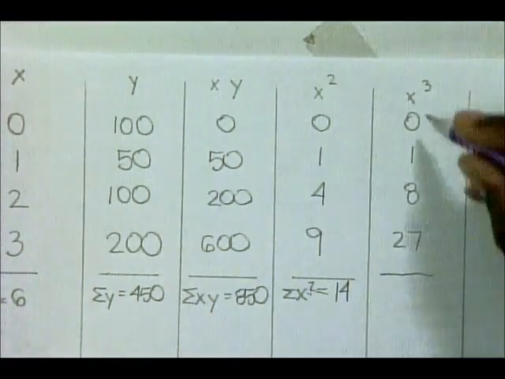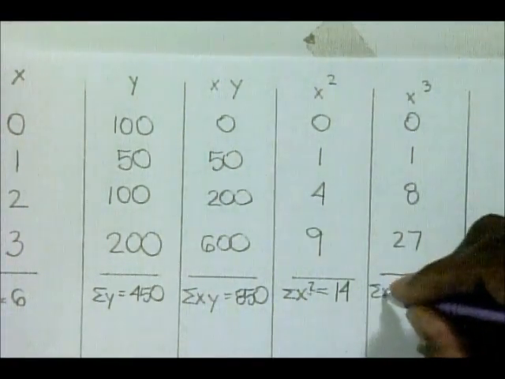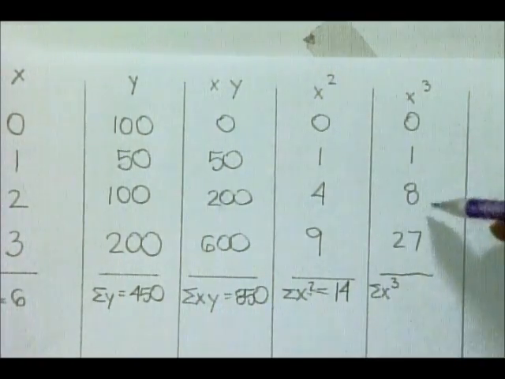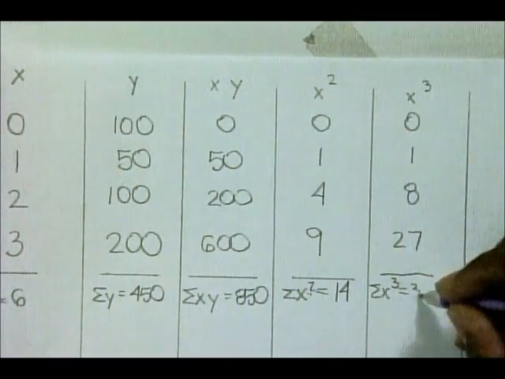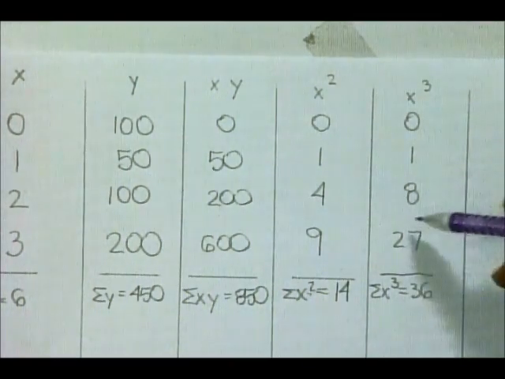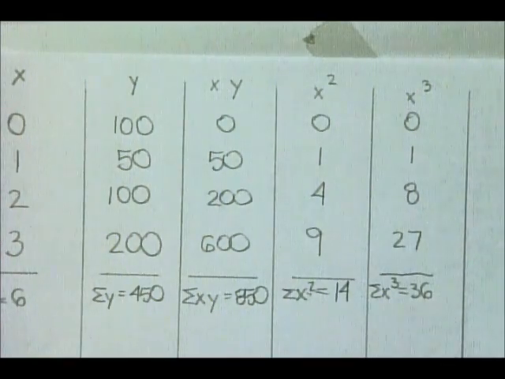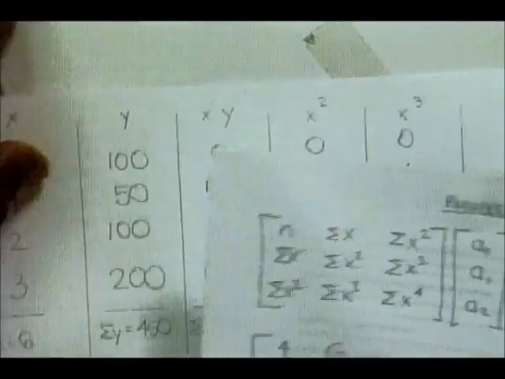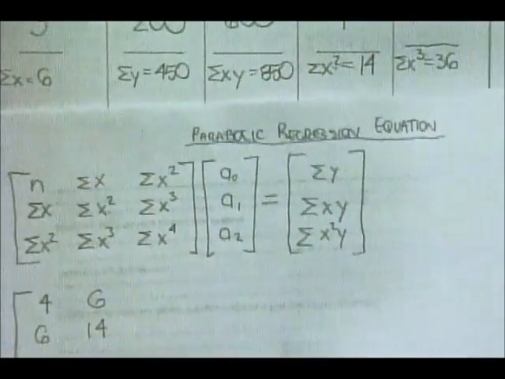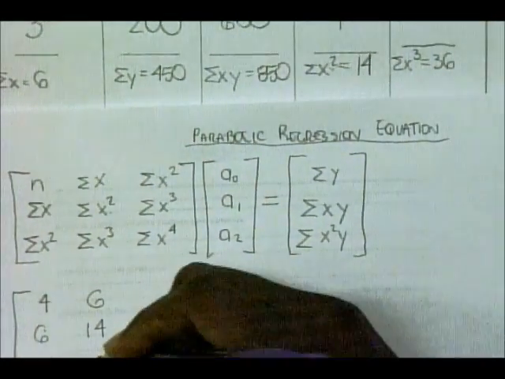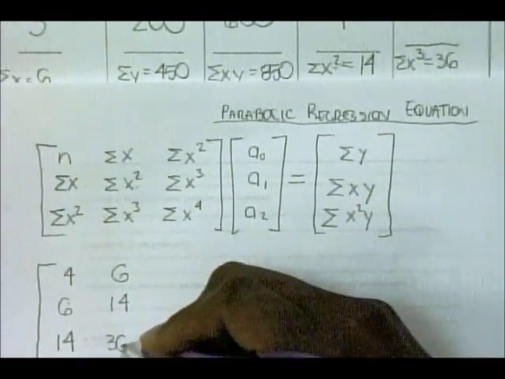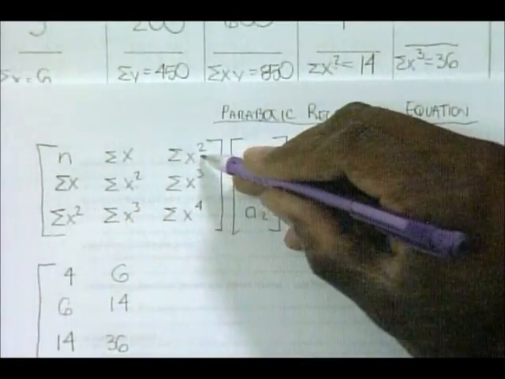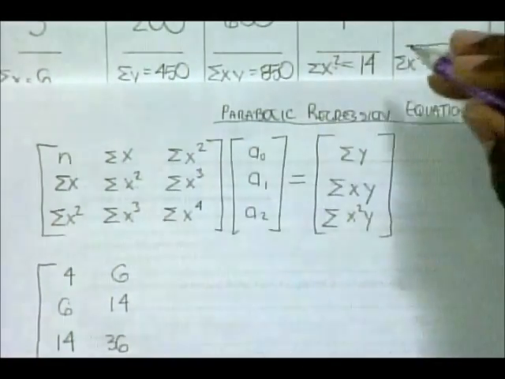The summation of x cubed, that is 28 plus 8, that is 36. All right, so the summation of x cubed is 36. We'll put that right here.